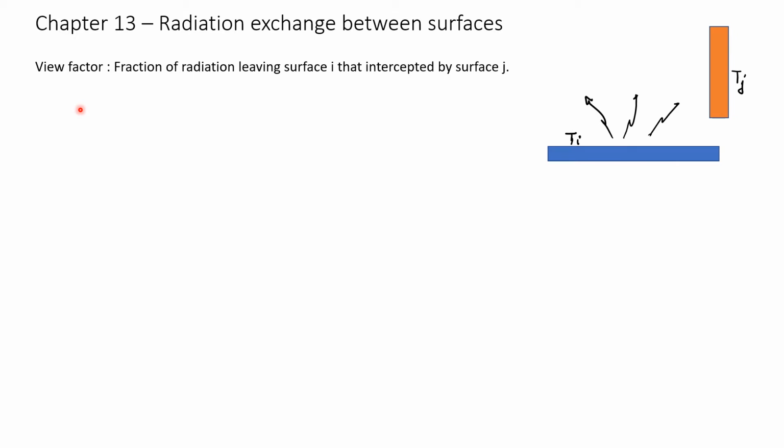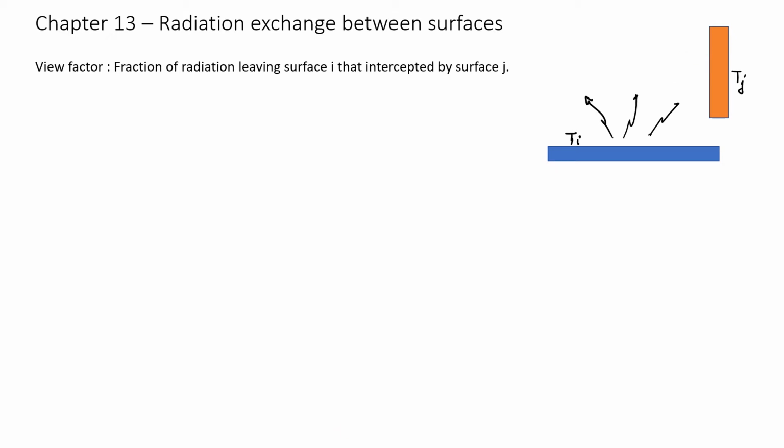And for that, we define something called a view factor. What the view factor tells us is how much of surface Tj is viewed from surface Ti.